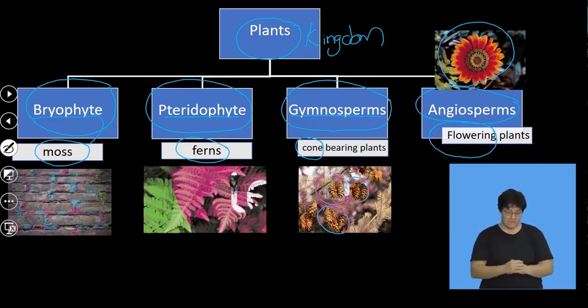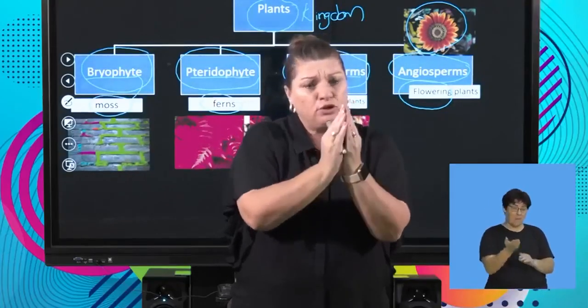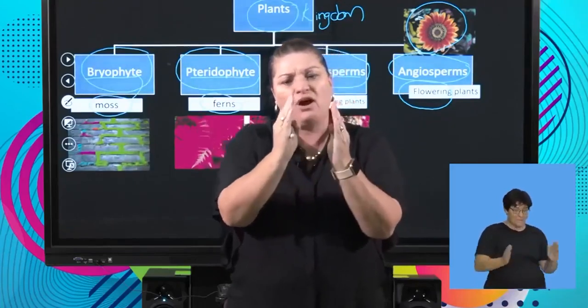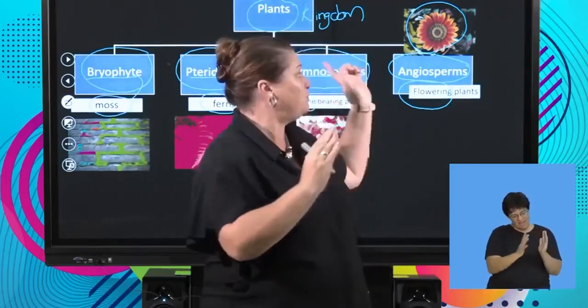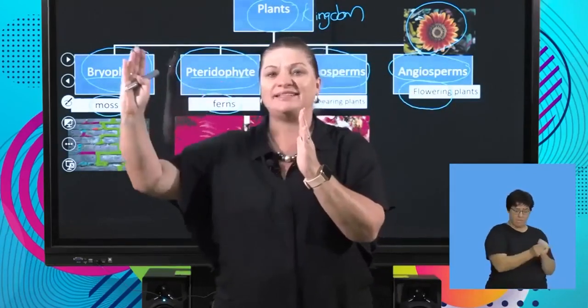Now, when we look at plants, you need to understand that there's an evolution towards them. What do I mean by that? Some plants appear earlier in the evolutionary time scale, and over time, these different groups that I've showed you appear at later stages.